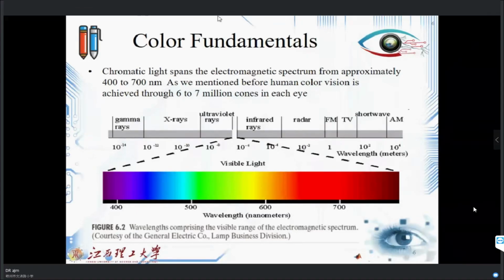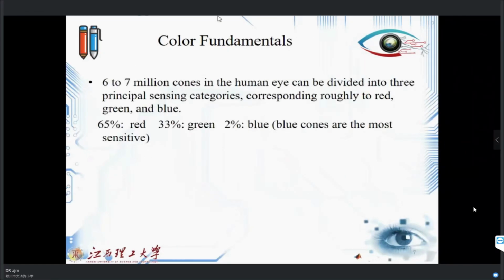It means we are limited to one band of the wave, and beyond that we cannot see the colors. Maybe we can call this the limitation of the human eye.